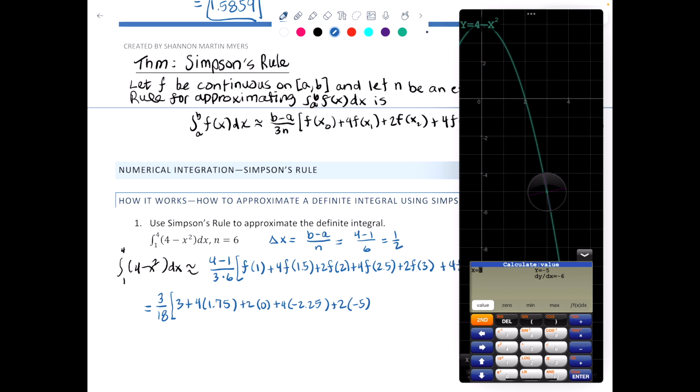And then plus 4 times f at 3.5, which will be negative 8.25. And then we're finally at f at 4, which is negative 12.